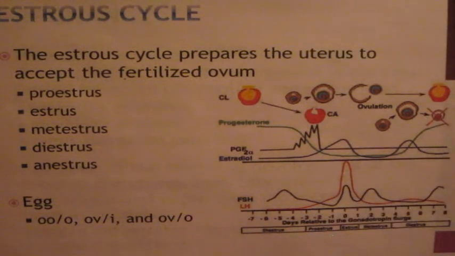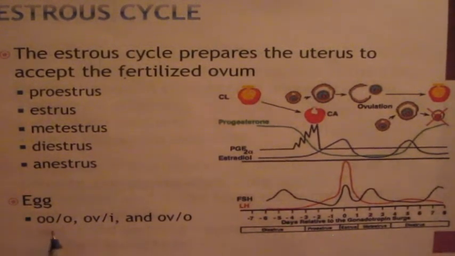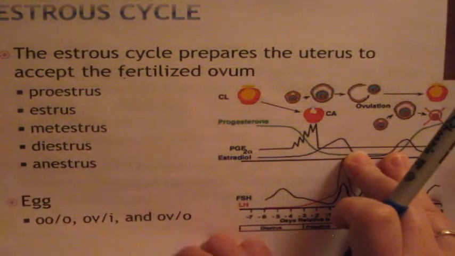This is all stuff that you'll learn about in another day, another time. These are not specific terms that I need you to remember at this time, but I do want you to remember the combining forms for egg, which is the female gamete, right? Oo, ovi, and ovo. Those are the combining forms for egg.